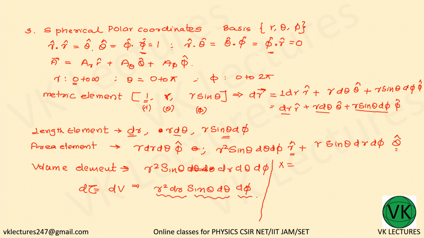It is x equal to r sine theta cos phi, y is equal to r sine theta sine phi, and z equal to r cos theta. So kindly remember the points noted.